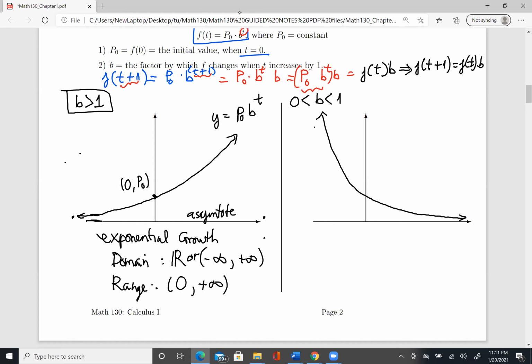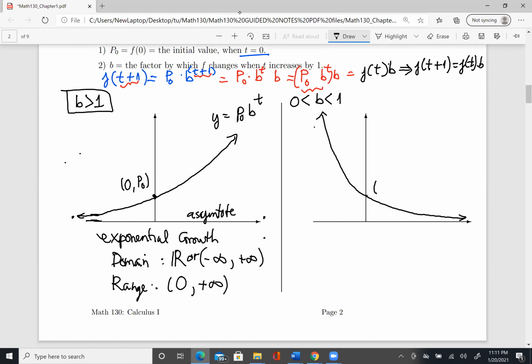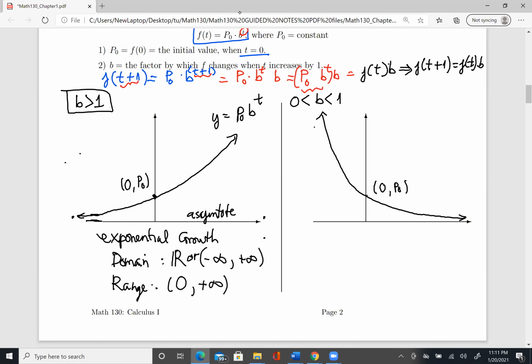And the intersection here, the y-intercept, is going to be 0, p0, the same as the left-hand side graph. And the asymptote is still here. But this is going down, and we call it exponential decay.